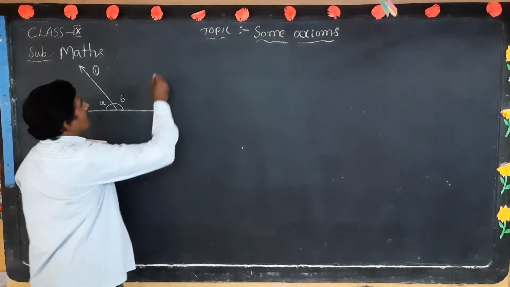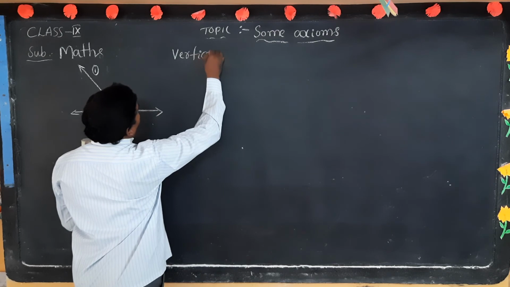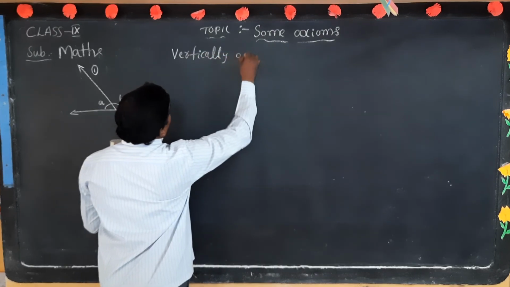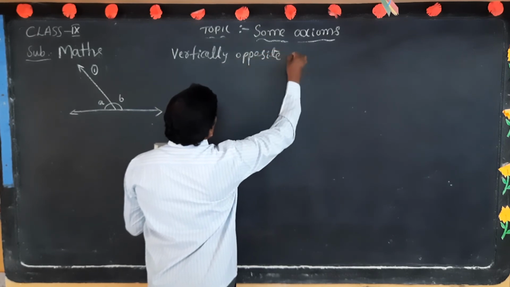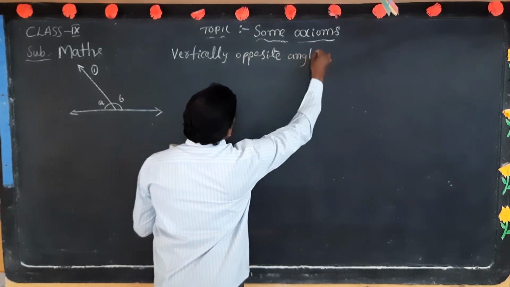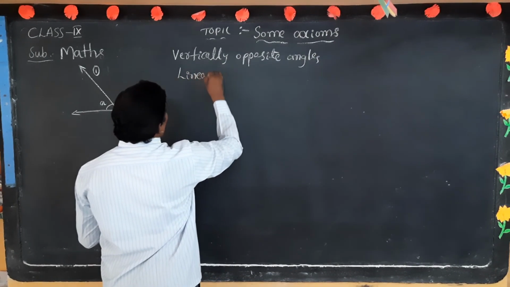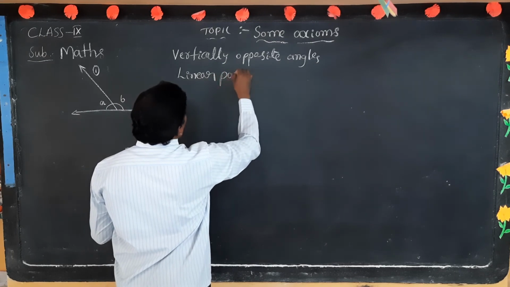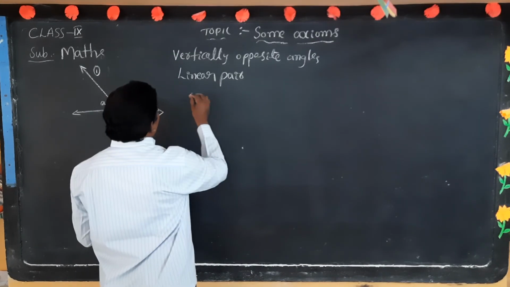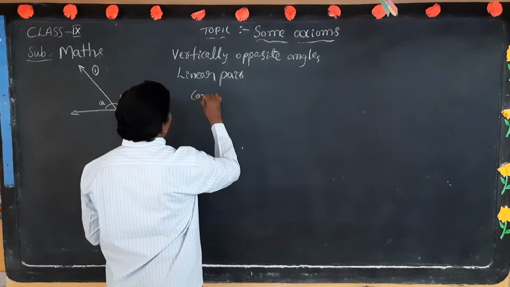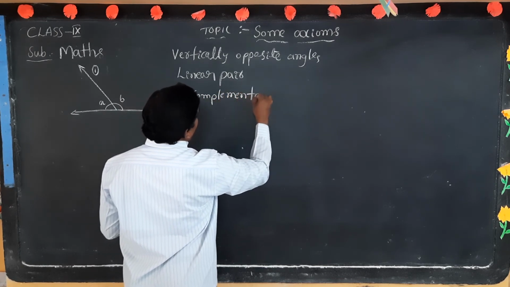They are asking whether these given angles are vertically opposite angles, linear pair angles, or complementary angles.